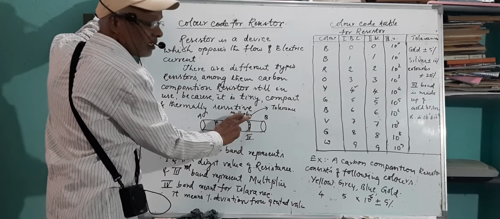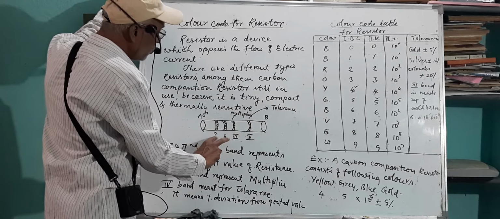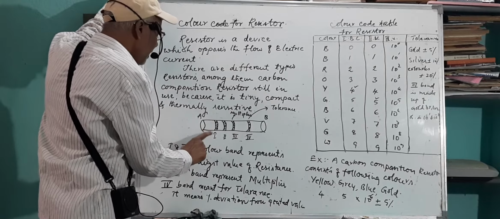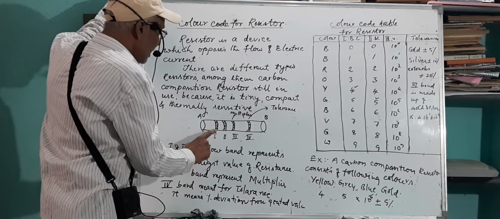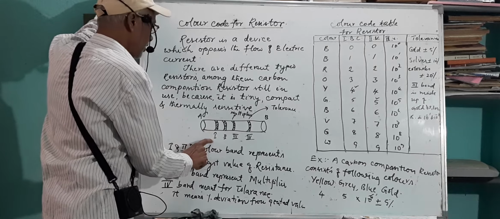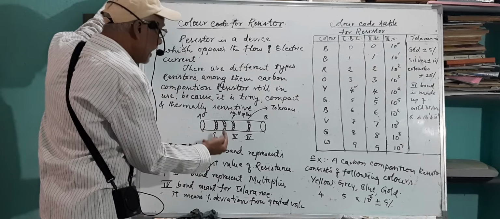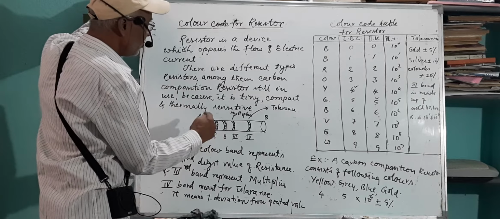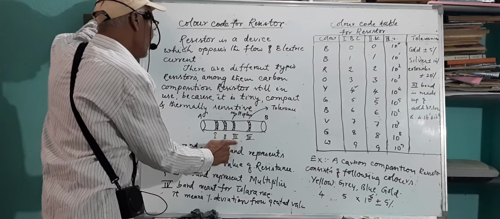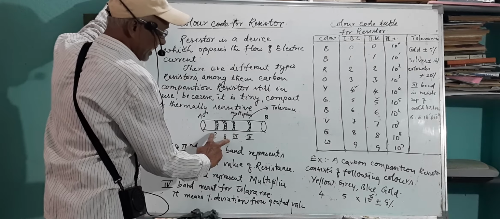The third color band gives the multiplying factor, I mean the number of zeros following the previous two digits of resistance. That means the first and second color bands represent the first and second digit values of resistance, whereas the third color band gives the number of zeros following these two digits.